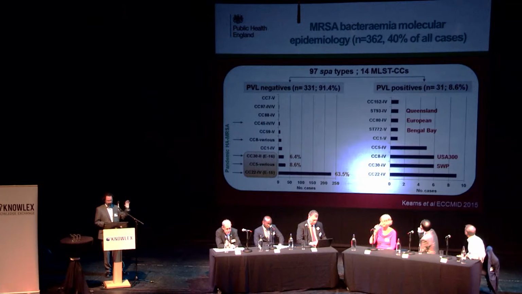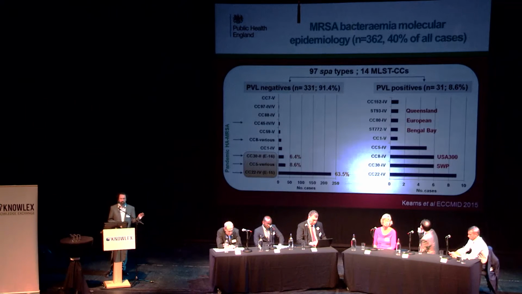So that was back when we saw the peak of MRSA. These 2 strains were causing around about 90% of all our MRSA bacteremias. And over time, that's come down. You can see this data from 2014, presented in 2015, and now we're seeing fewer infections caused by E16 and E15.